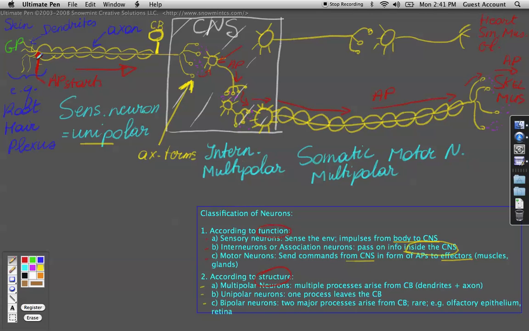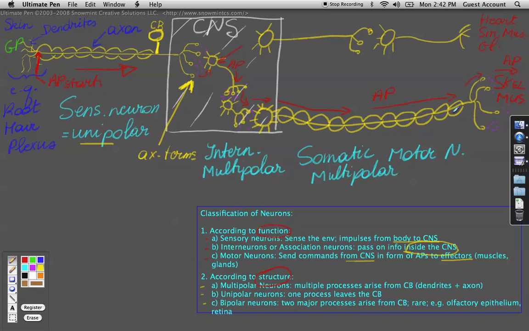If an action potential starts here in a sensory neuron and is immediately passed on to a somatic motor neuron, clearly our skeletal muscles can respond very quickly, and this is the kind of neural pathway you might see in spinal reflexes especially. So I hope this clarifies to you the difference between sensory neurons, interneurons, and motor neurons, and the difference between functional neurons and structural neurons.